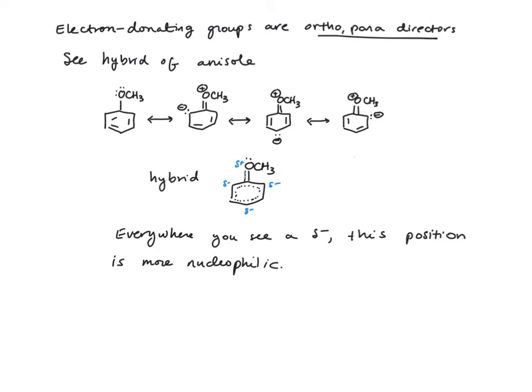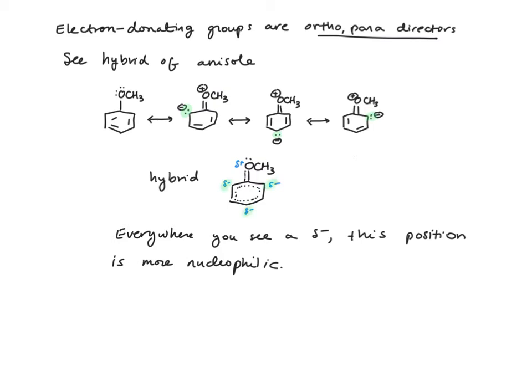Let's look at an ortho-para director, specifically anisole. We're going to draw the resonance hybrids of anisole as a neutral compound, and you can see that the negative charge is at the ortho and para positions.